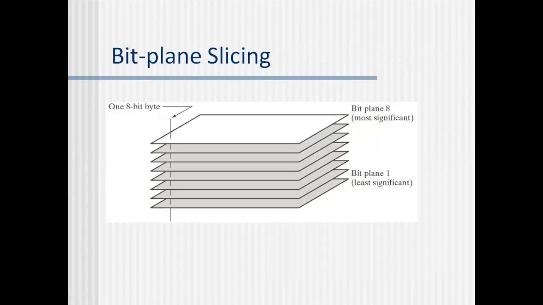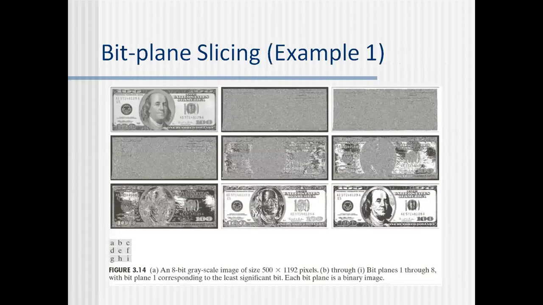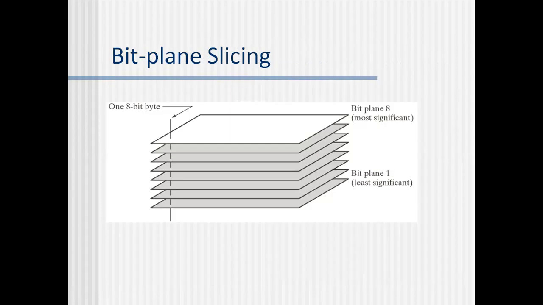Next one is bit plane slicing. In this bit plane slicing, there is the most significant bit and the least significant bit. Suppose all the planes are in this manner, this is an 8-bit plane, which acts as the most significant bit for the top plane.